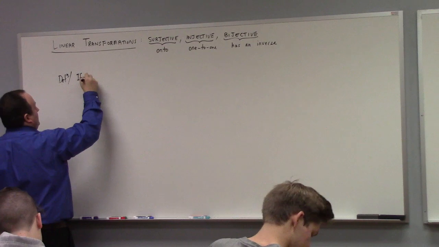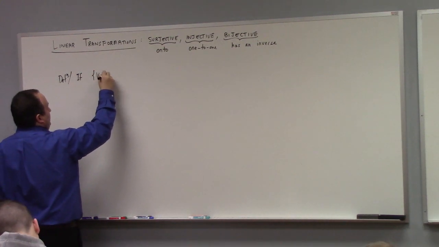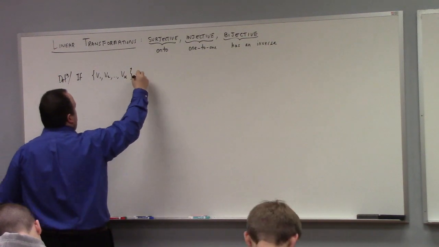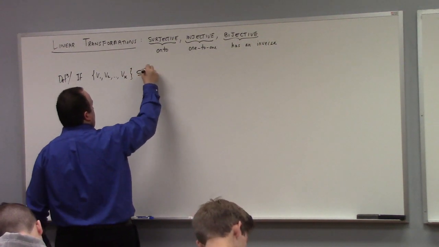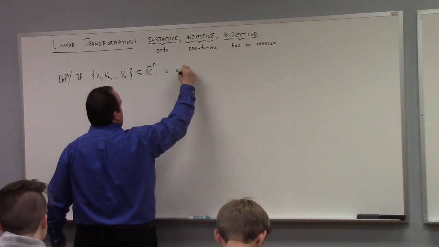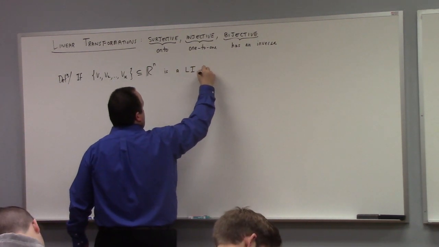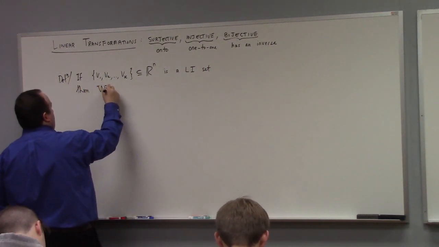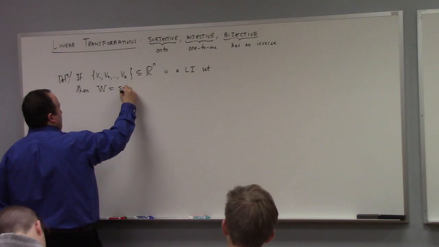If, let's say, v1, v2, ..., vk, a subset of Rn, is a linearly independent set, then W equals the span of all these vectors.